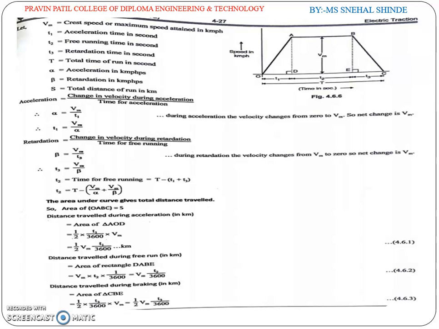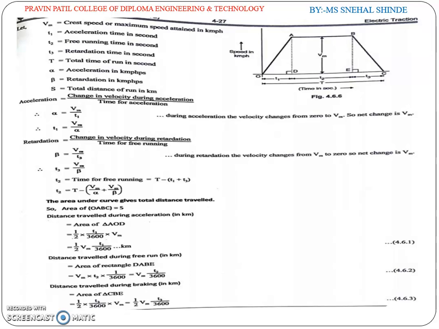The area under the curve gives the total distance travelled. So the area of OABC equals S. The distance travelled during acceleration in kilometer equals the area of the triangle AOD.